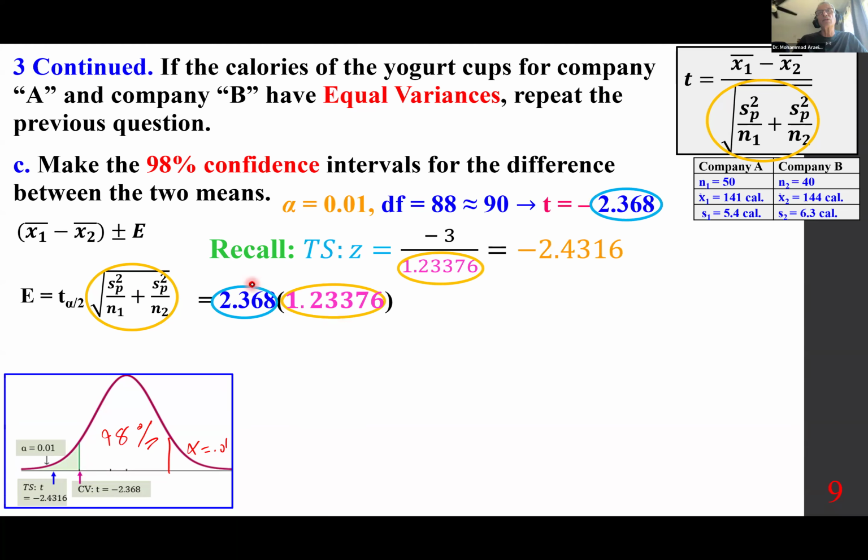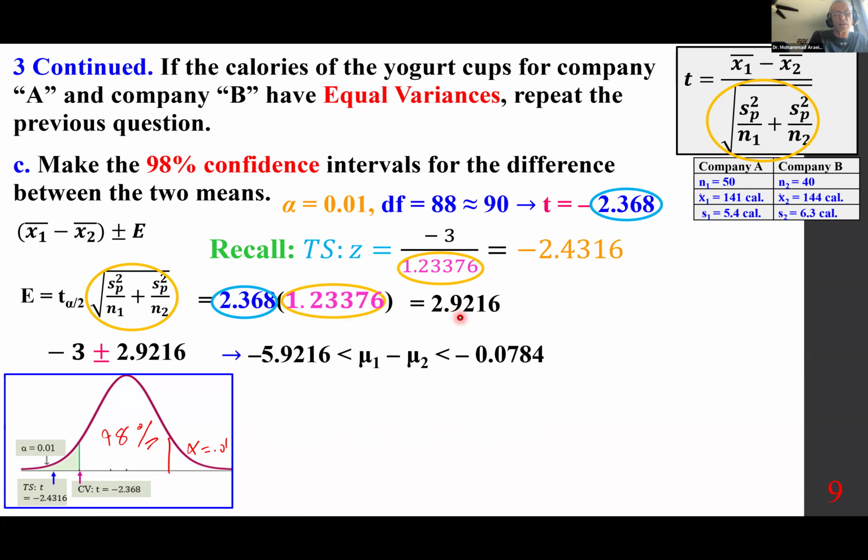And this is identical to this one. And the answer is 2.9216. So in this case, x1 bar minus x2 bar, again, same numerator, negative 3 plus or minus 2.9216, or mu1 minus mu2 is minus 3. Subtract this number, you get this one. Add this number, you get this one.